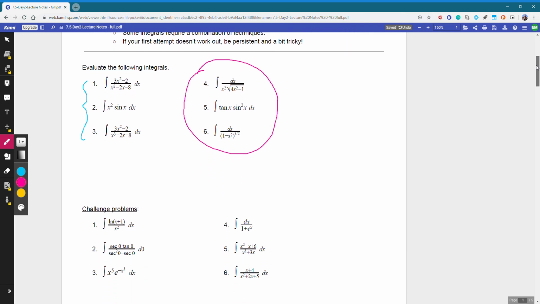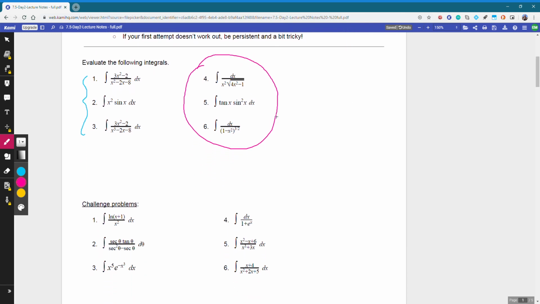Let me mention, though, that while we won't make video solutions for the challenge integrals down here, I definitely encourage you to spend some time with these and work on them.